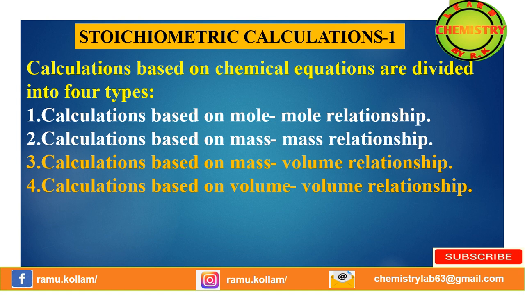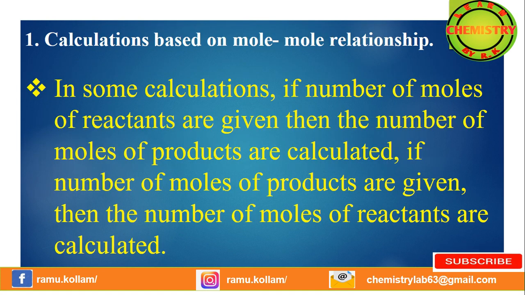For example, the first one, calculations based on mole-mole relationship. In some calculations, if the number of moles of reactants is given, then the number of moles of products is calculated. If the number of moles of products is given, then the number of moles of reactants is calculated.